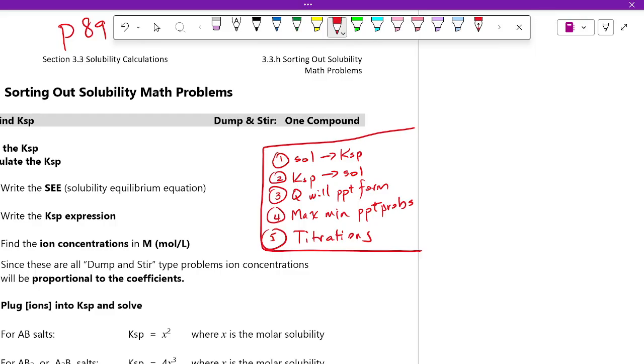I think I should do this at the beginning. I think I should add this in. For all types 1 through 4, you will be writing which two things? The SEE and the KSP.